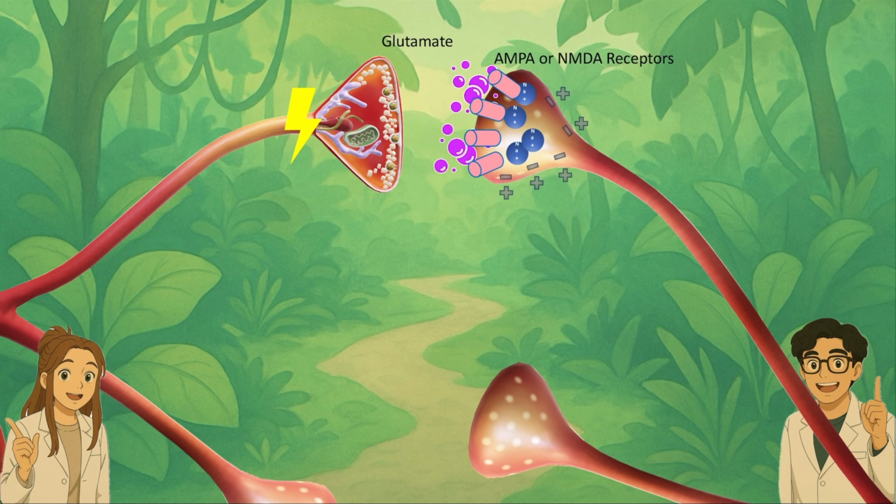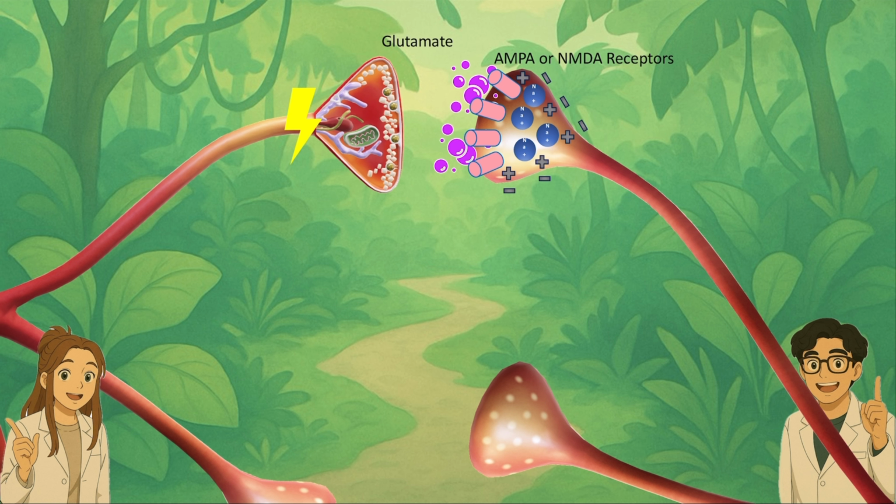channel. This can, depending on the neurotransmitter that bound to the channel and the type of channel itself, have two different outcomes. For example, glutamate, the most common excitatory neurotransmitter in the brain, binds to AMPA or NMDA receptors. When glutamate binds, these channels open and sodium ions flow into the neuron.